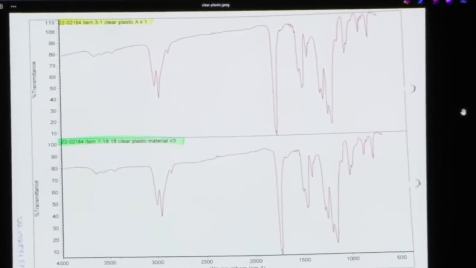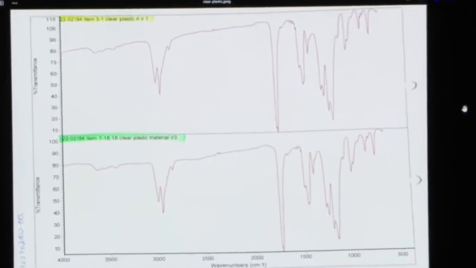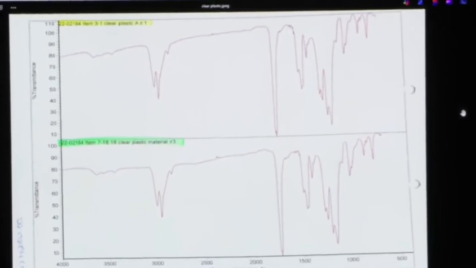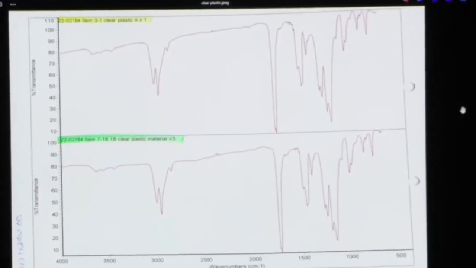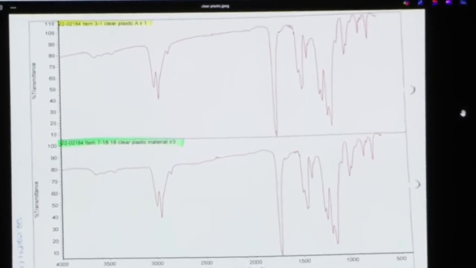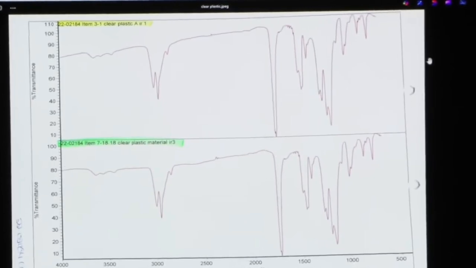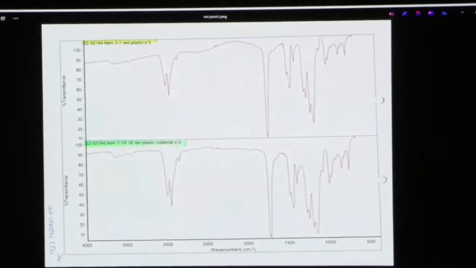And Ms. Hanley, when you're comparing these two, what is it specifically that you're looking at in your comparison as far as the data is concerned? So when I'm comparing the spectra, I'm looking at the peaks in each sample to determine if they are consistent or not consistent. And if I could turn your attention to the red plastic material from the debris from Mr. O'Keefe's clothing and the red plastic from the passenger side taillight of the defendant's vehicle, what did you conclude in your analysis there?